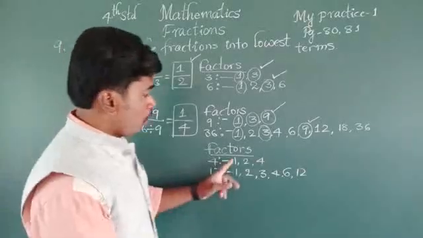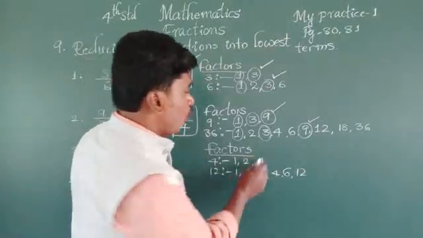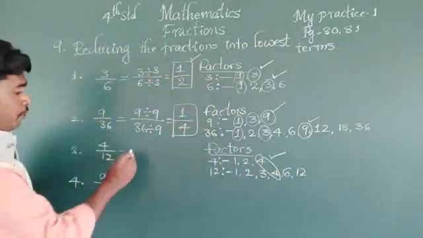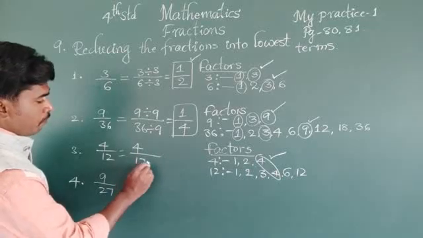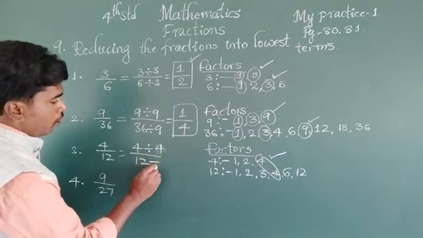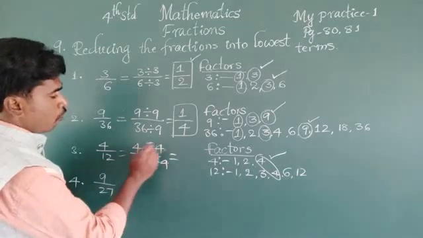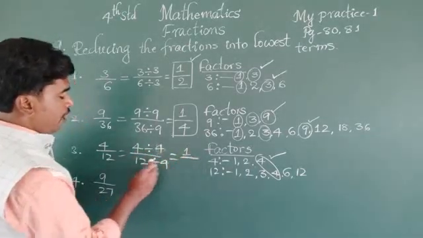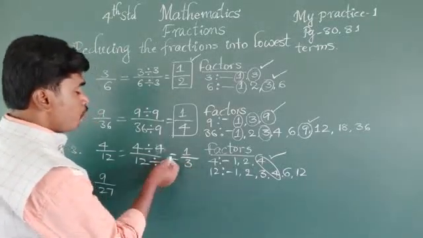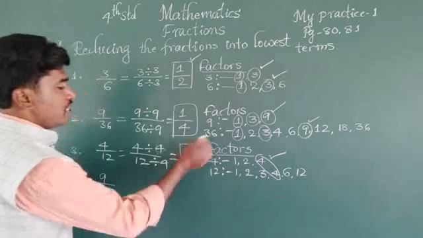You select it. 1, 2 and 4. 4 is the highest common factor. So you divide by 4. 4 by 12, divided by 4, here also divided by 4. So 4 divided by 4 is 1 and 12 divided by 4 is 3, because 4 3s are 12. 1 by 3 is the answer.